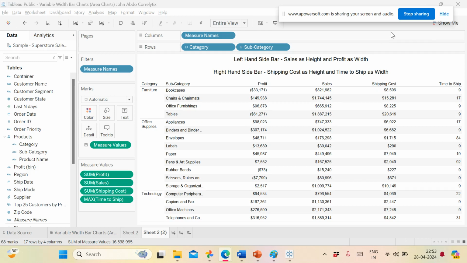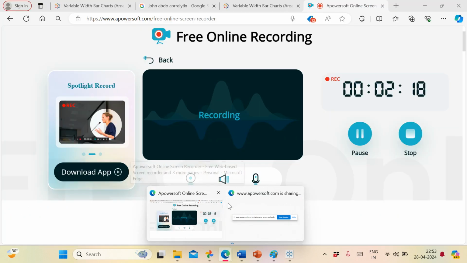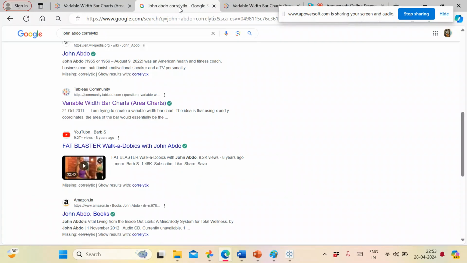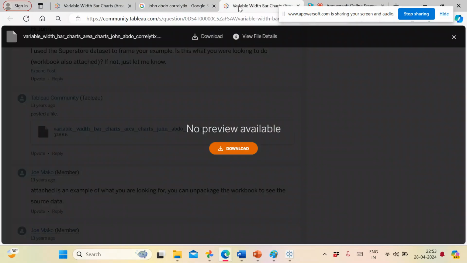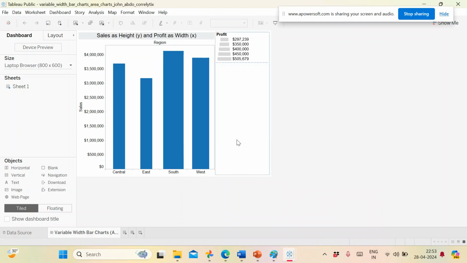We got this inference from Tableau. There is a person who did the Tableau, John, who has given the variable chart with sales as the height and profit as the width.